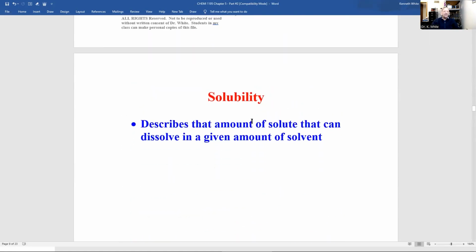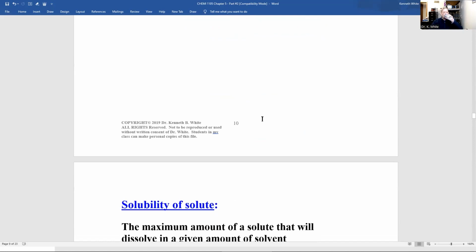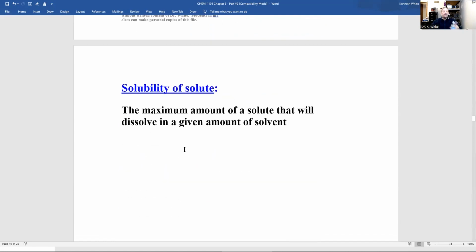Now, let's talk about solubility. Solubility describes the amount of solute that can dissolve in a given solvent. And the solubility, this is stuff you should know.